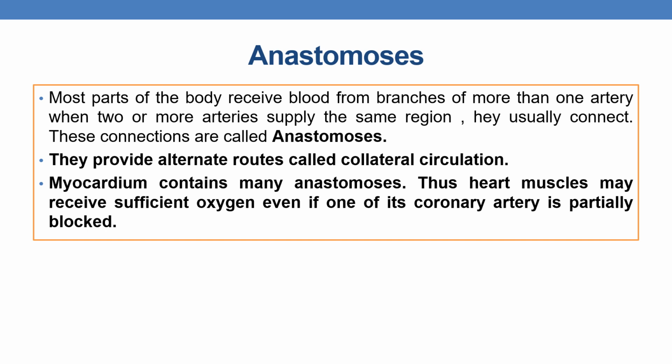They provide alternate routes called collateral circulation. The myocardium contains many anastomoses, and thus heart muscle may receive sufficient oxygen even if one of its coronary arteries is partially blocked.